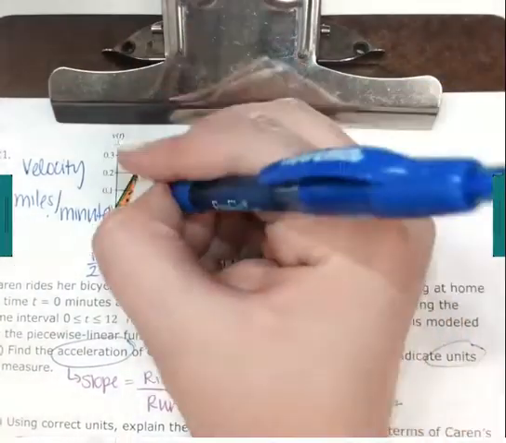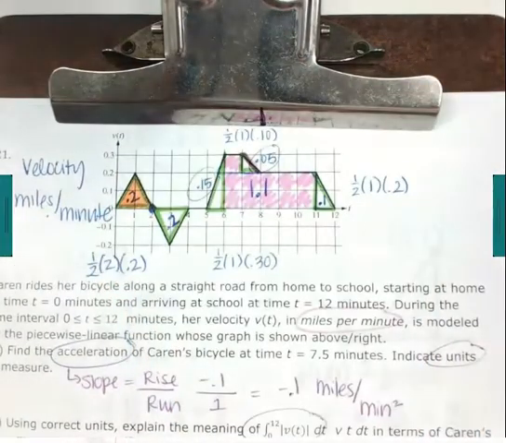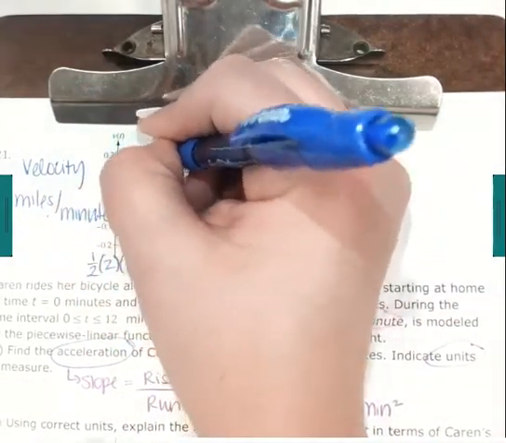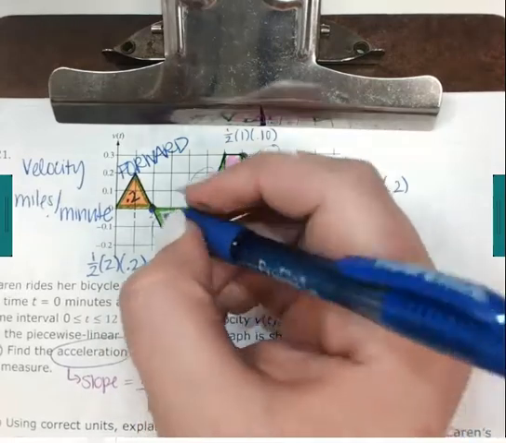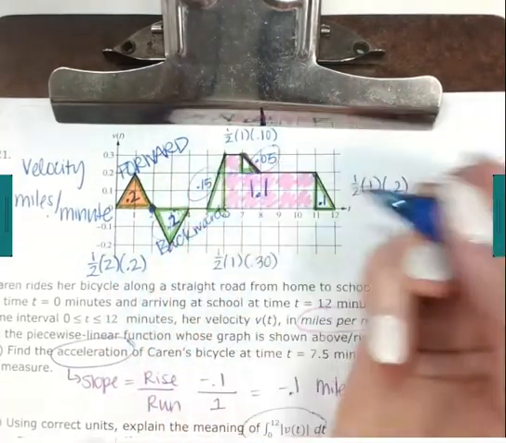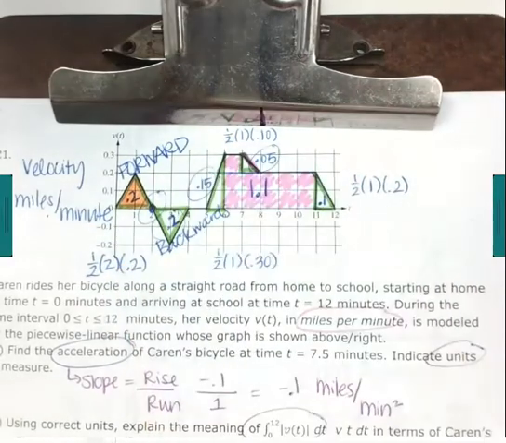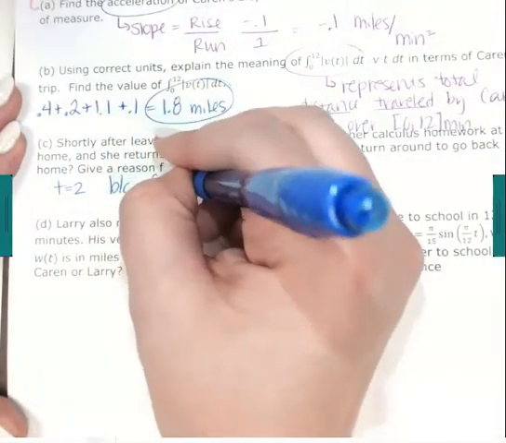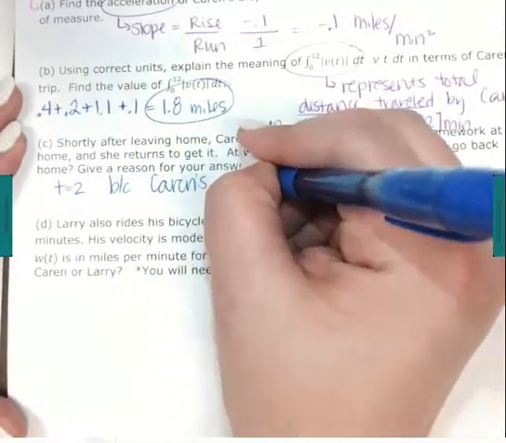At 2, how do I know 2? She was going forward, and then she switched to a negative velocity and was going backwards. So when did she change direction? At 2. So you would say at time t equals 2 because Karen's velocity changed positive to negative.